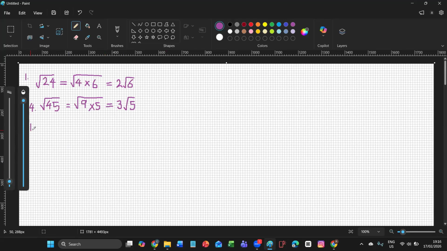I'll pick on number 1. Root 32 plus what? Root 8. Okay. So now the good thing about this one is that the concept that we picked up from the ones that we just saw a few moments ago, we can apply it now.